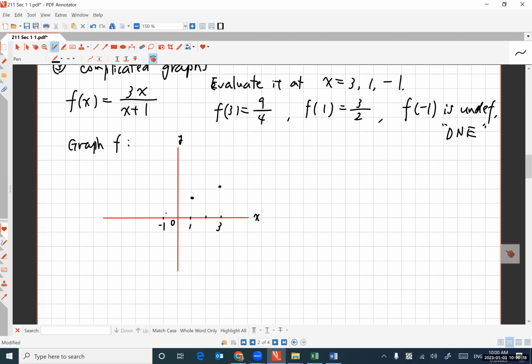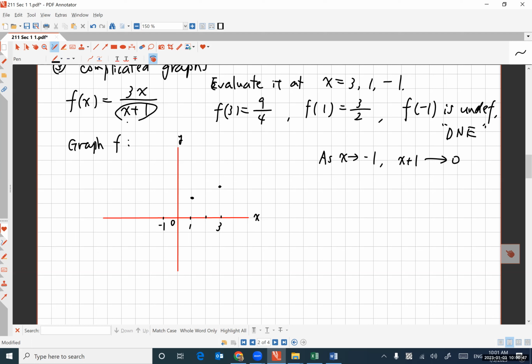What happens is, as x approaches -1, what's going to happen to the denominator? X plus 1 approaches 0, either from the positive or negative direction. That's something you want to think about. As this gets closer and closer to 0, the top does not go closer to 0, because as x approaches -1, the top becomes -3.